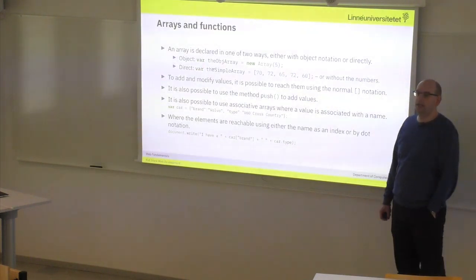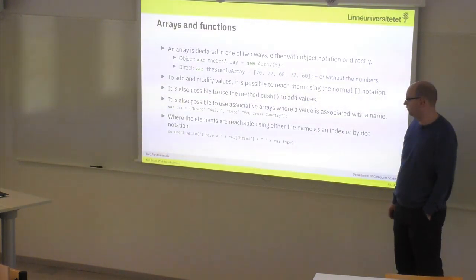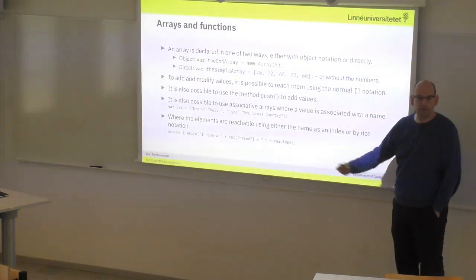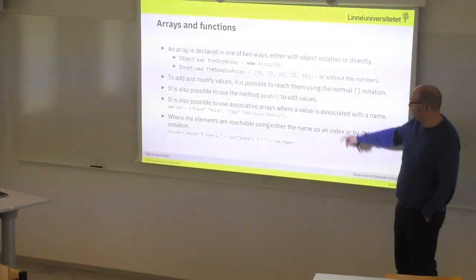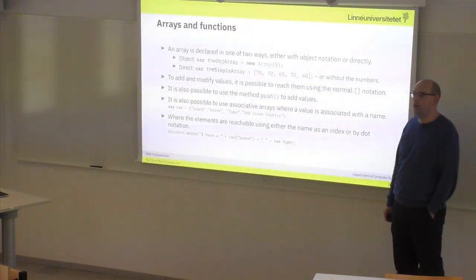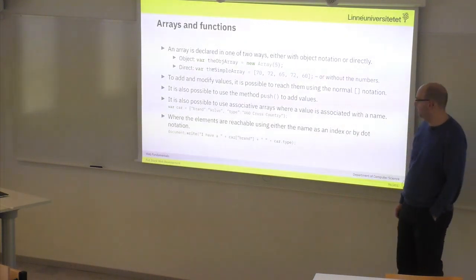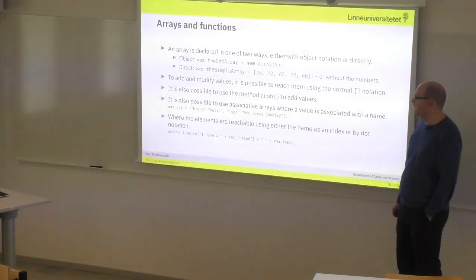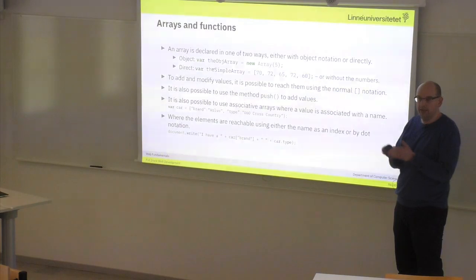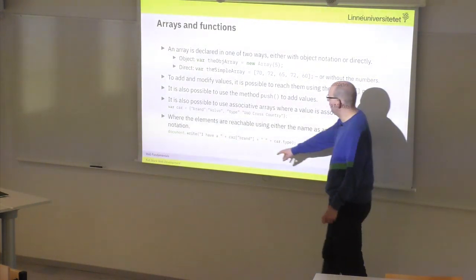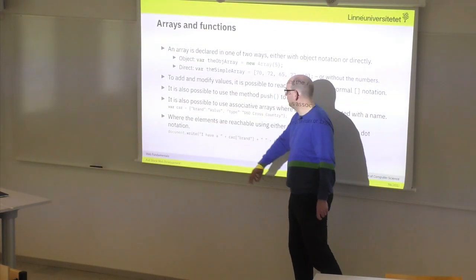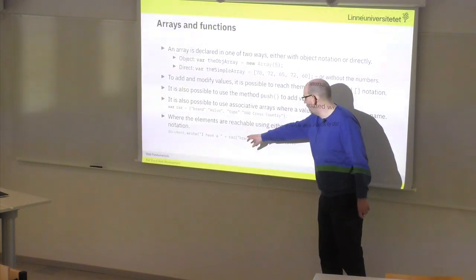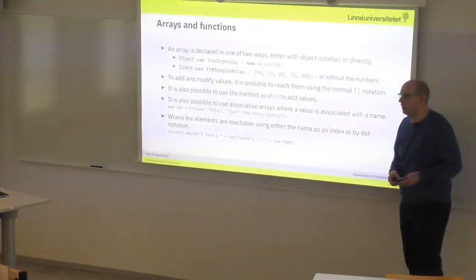Something that's been kind of good coming from JavaScript are these associative arrays, where instead of having index numbers, we say that brand is the key and the value should be Volvo and the type should be V60 cross country, like this.